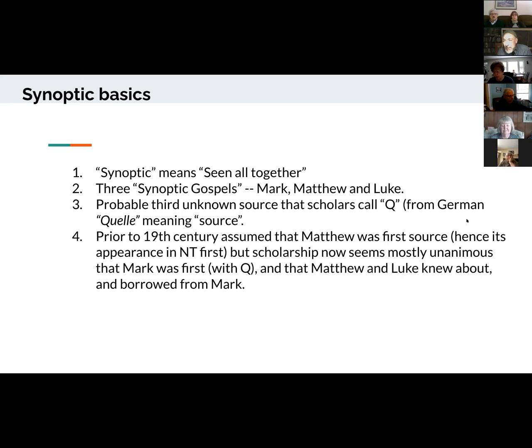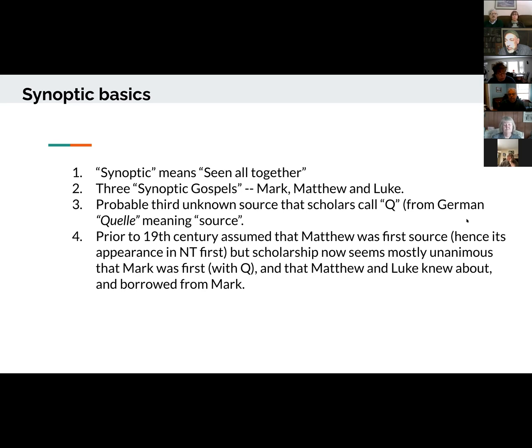In any case, the German word for source begins with the letter Q, and hence they call this probable third source Q. The scholarship suggests that Mark and Q were the earliest of the Gospels, and that Matthew and Luke, the other two synoptics, had access to Mark and Q when they were putting together the Gospels.